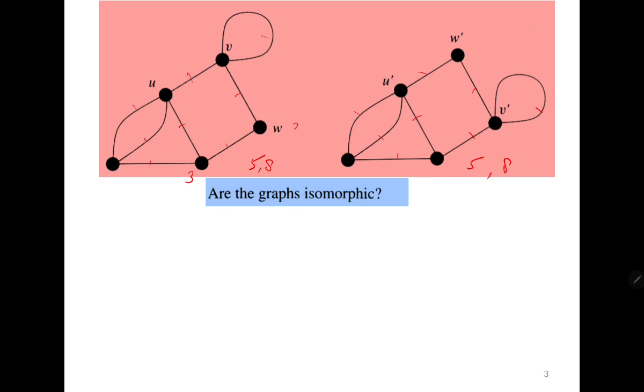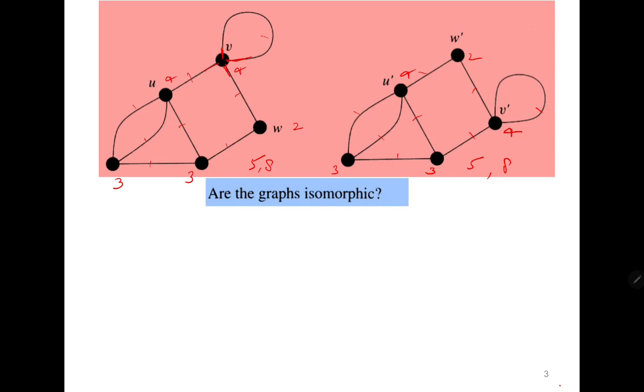This is 3, this is 2, this is 3, this is 4, this is 4. I count it as 4 because 1 edge, 2 edges, then 3 edges and 4 edges. So 4, 4, 3, 3, 2. Here also 4, 4, 3, 3, 2.